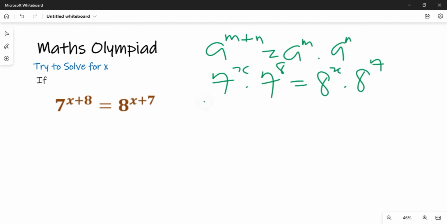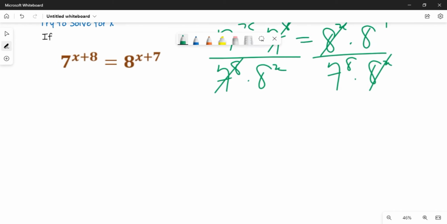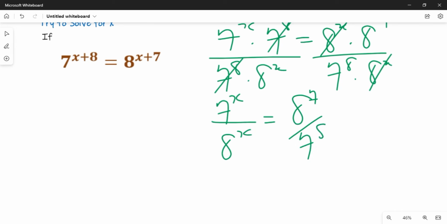So if we divide both sides by 7 raised to power 8 multiplied by 8 raised to power x, we are going to have 8 raised to power x clear out here, and 7 raised to power 8 clear here, and our solution will now be 7 raised to power x all over 8 raised to power x, and that will be equal to 8 raised to power 7 over 7 raised to power 8.